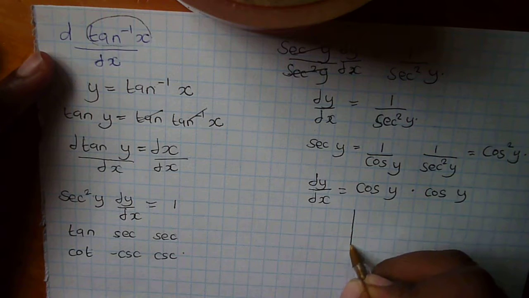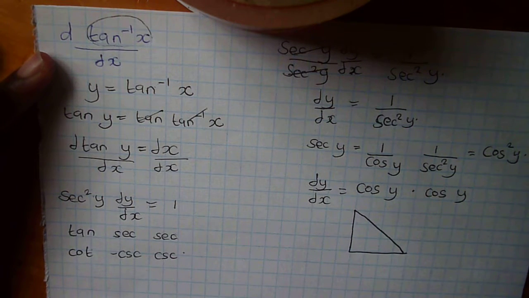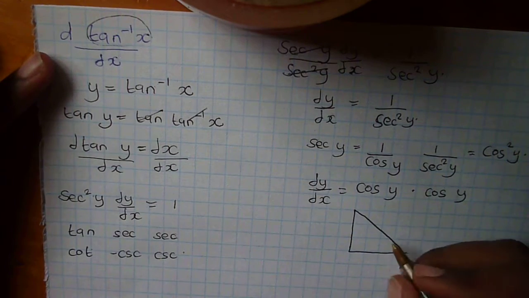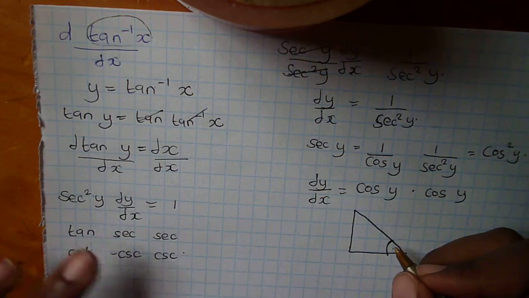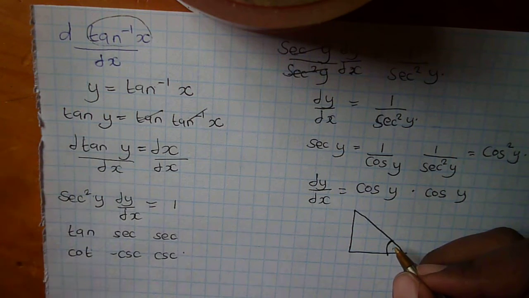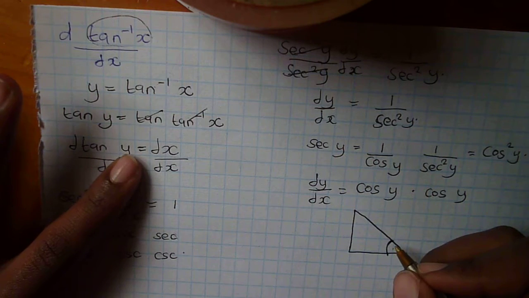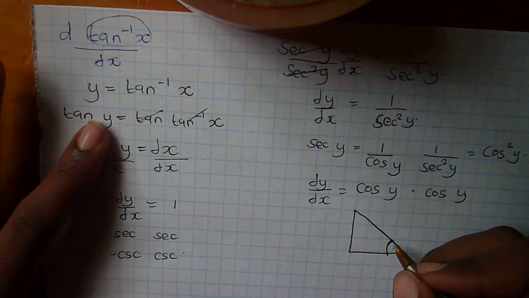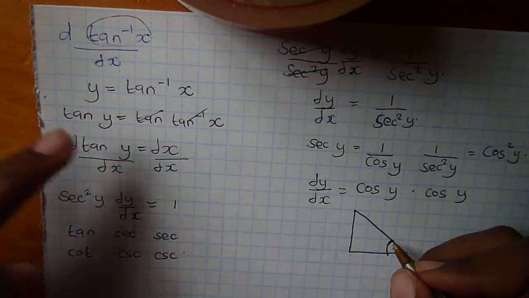So once we have this, we just use the same techniques as we used for sin inverse x and cos inverse x. We had said let tan y equal to x. I'm sorry for hesitating, I was just looking for it, and I think I just found it.